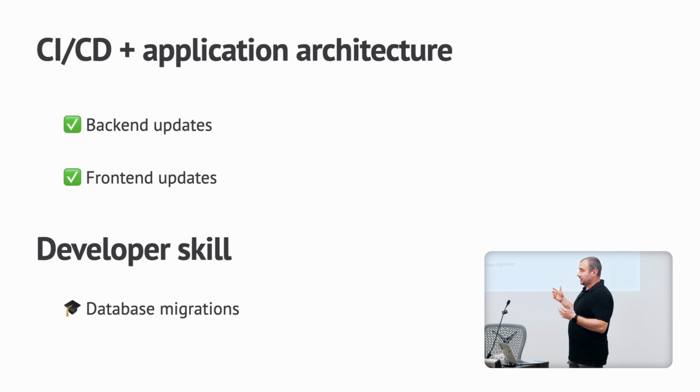You can deal with front-end updates by properly architecting your front-end code. But the database migrations are something that you will have to learn. You can automate parts of it, namely how you run the migration script, maybe implement backward compatibility tests, but still, this is something that the team might have to learn.